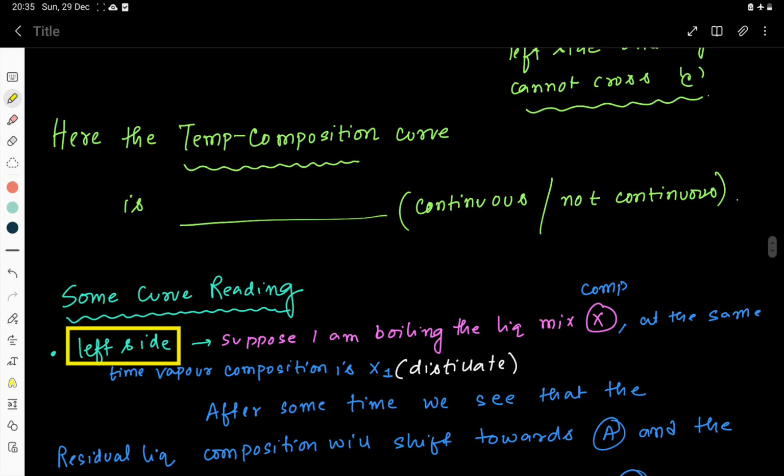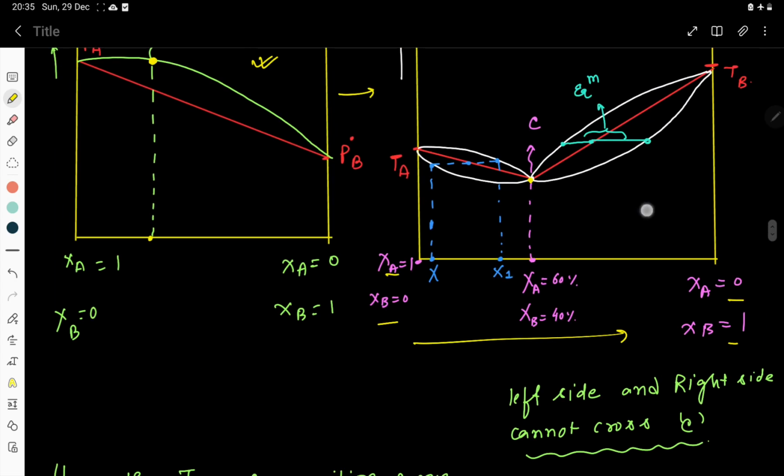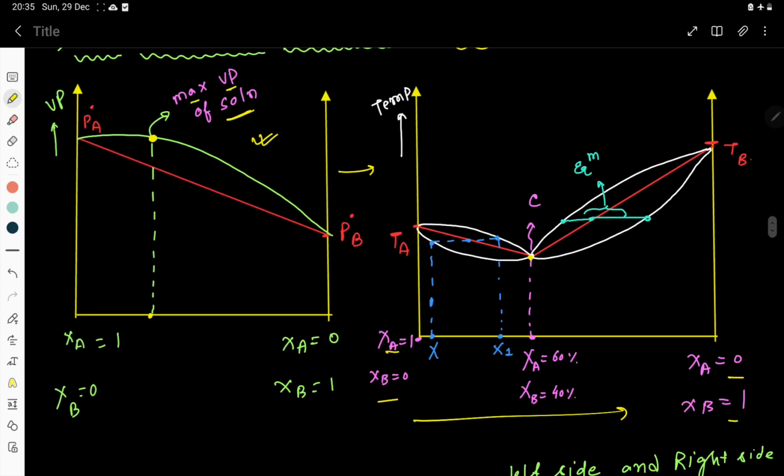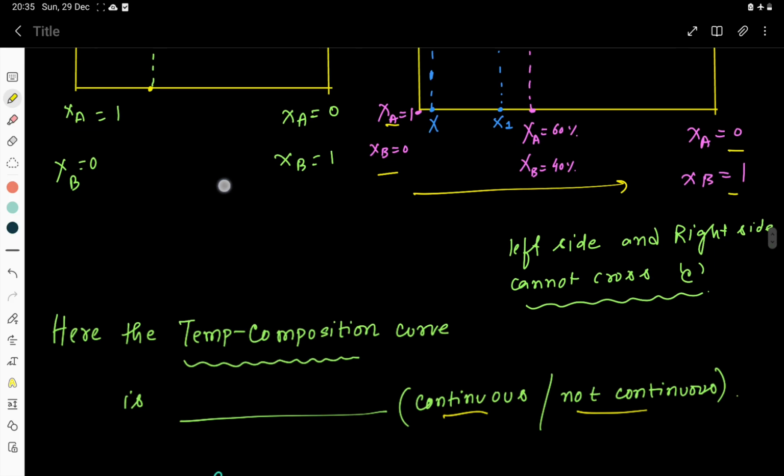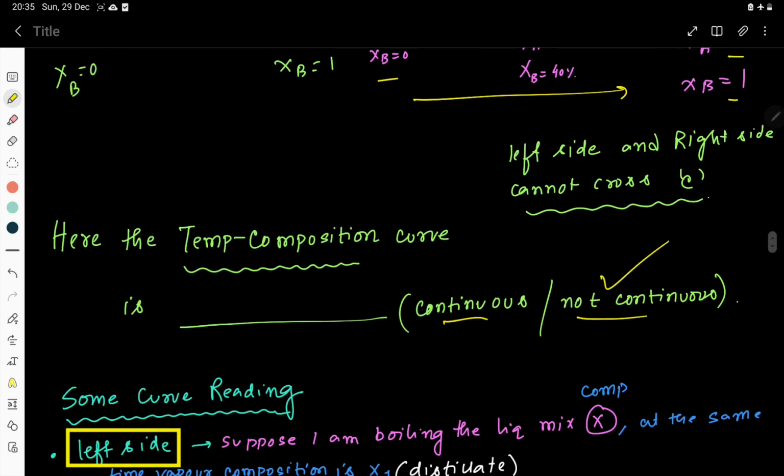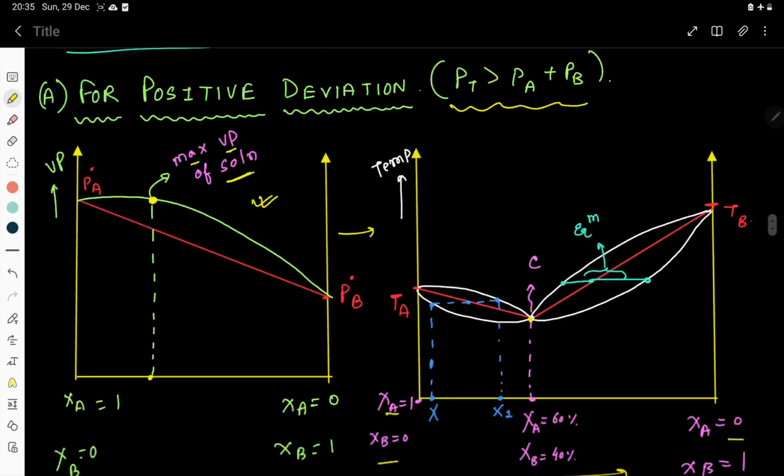The first thing that comes to our mind is whether the temperature composition curve is continuous or not. Definitely we can see that here the temperature composition curve is actually not continuous, and for the previous graph it was continuous.